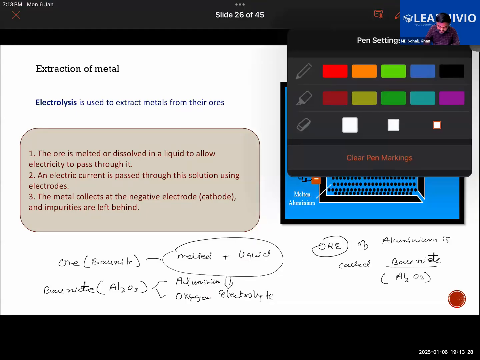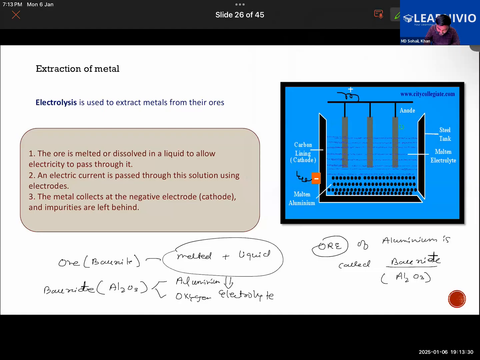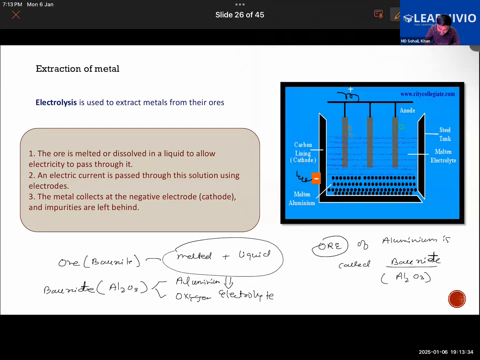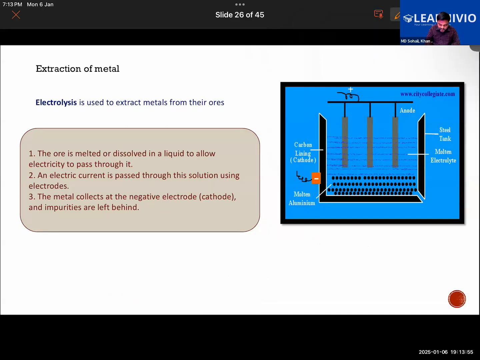Let me write it over here as well. Oxygen will be accumulated near the anode. Why is it so? Because oxygen, as we know, is the anion, obviously. While the aluminum is the cation, hence it is attracted towards the steel tank. Let me know if this much is clear so far or not.